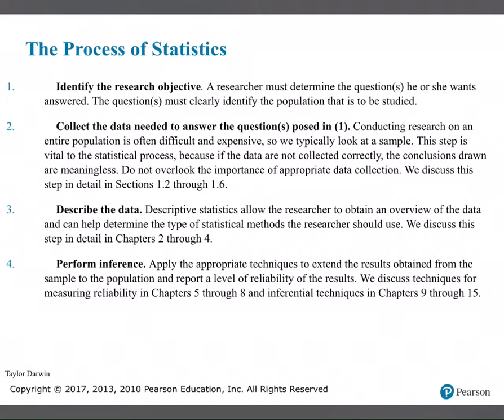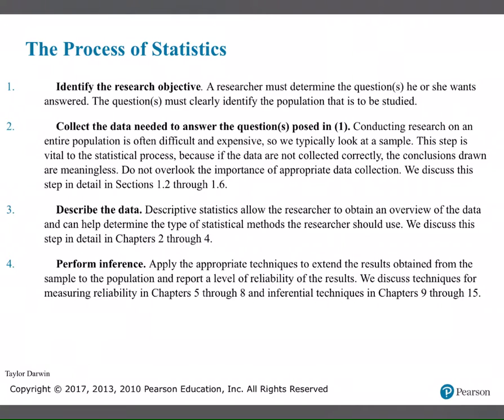So this is really what you can expect to be doing in this course. And I will let you read this more extensively. I'll summarize it, but we're going to be identifying the research objective. So the very first thing that you need to identify is what do we care about?